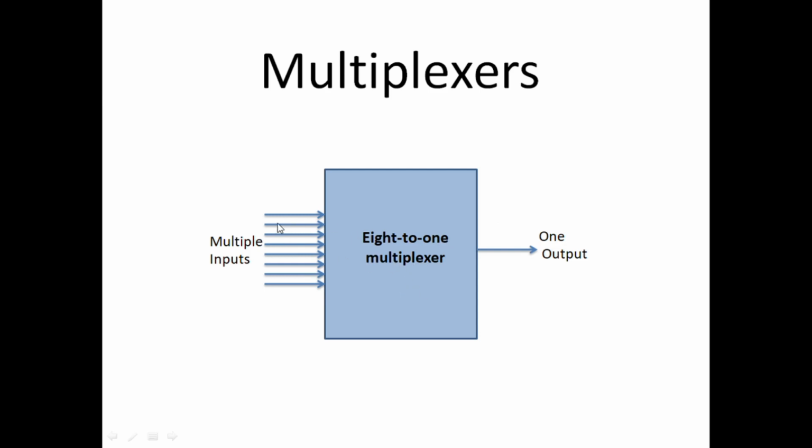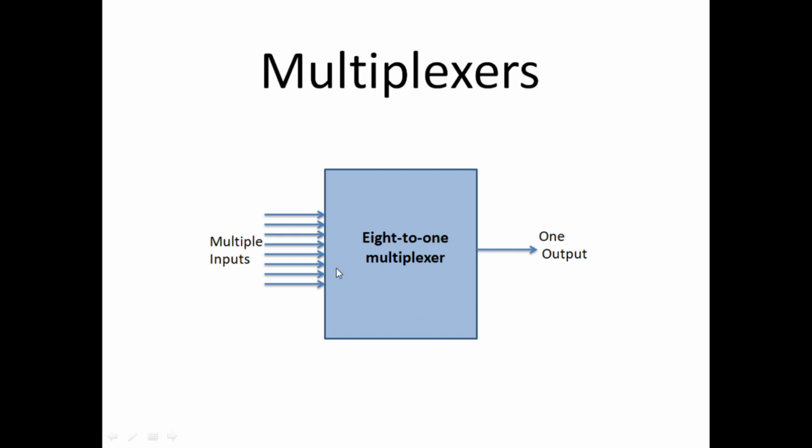It takes binary information from multiple inputs and directs it towards a single output. So it multiplexes information from multiple sources into one output channel or line.